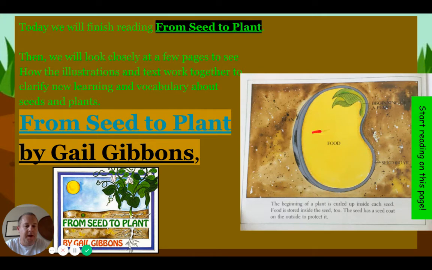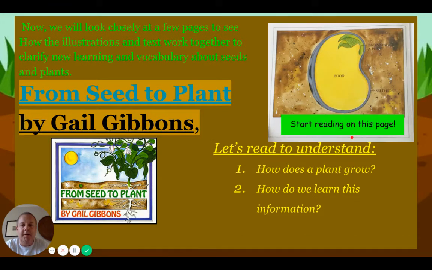A bean is actually a seed with a seed coat, and the inside is some food. We have here what's called the cotyledon, which is the beginning of a new plant. We're going to start reading on this page.